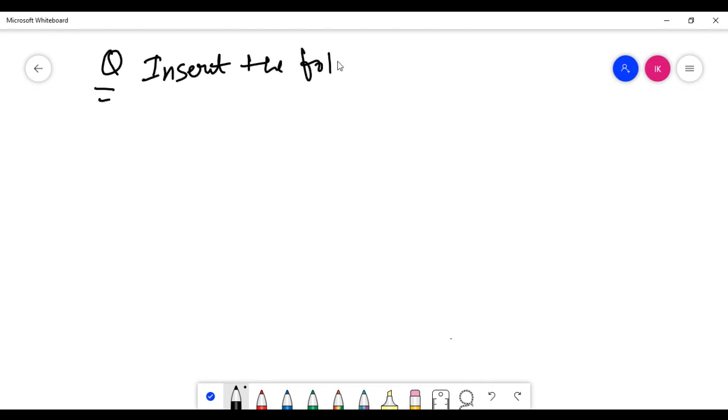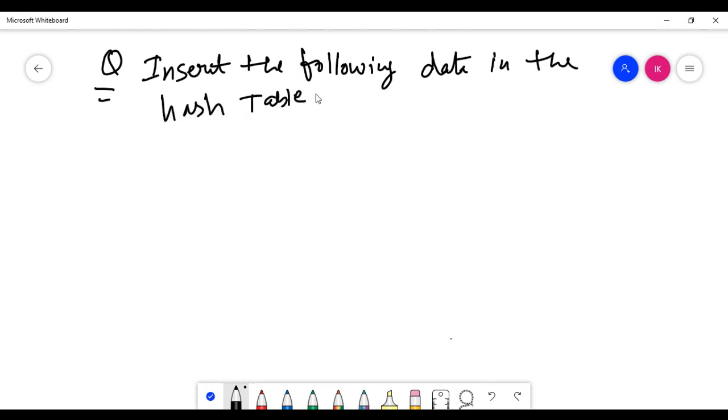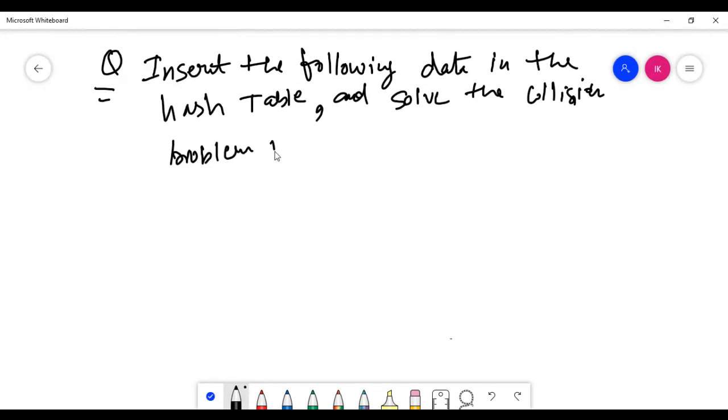Insert the following data in the hash table and solve the collision problem using linear probing and chaining.